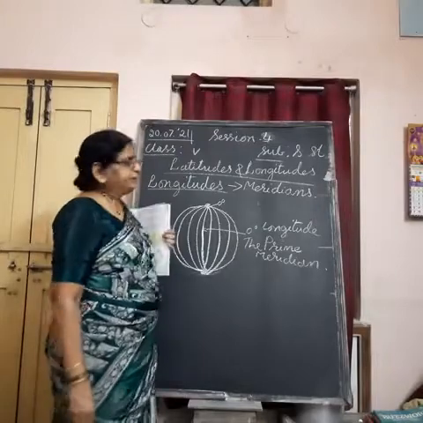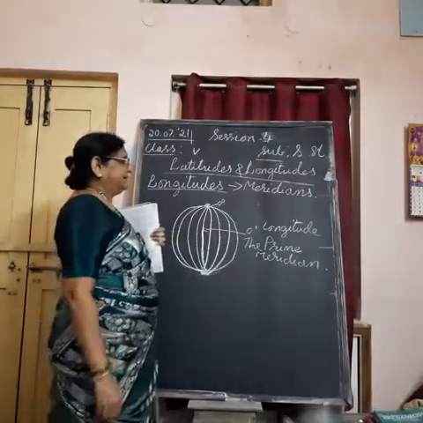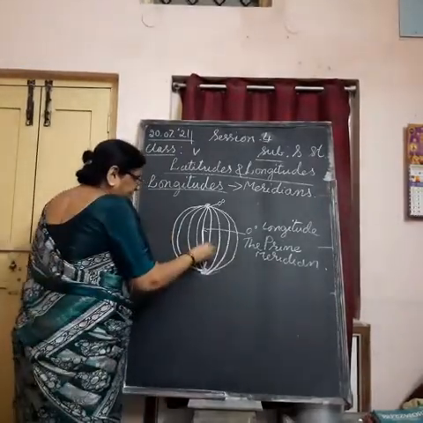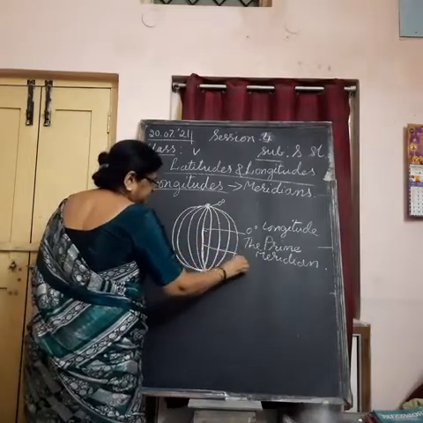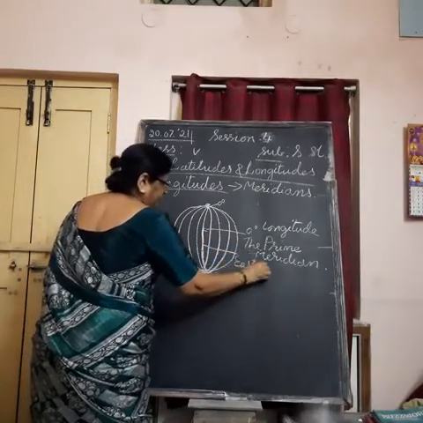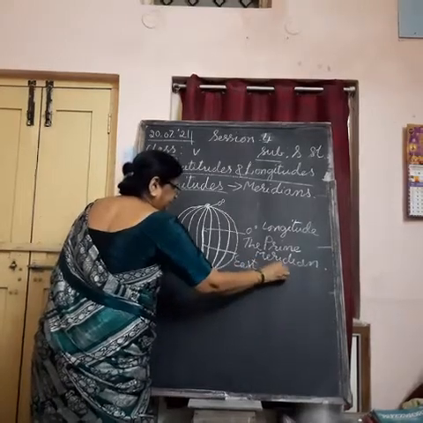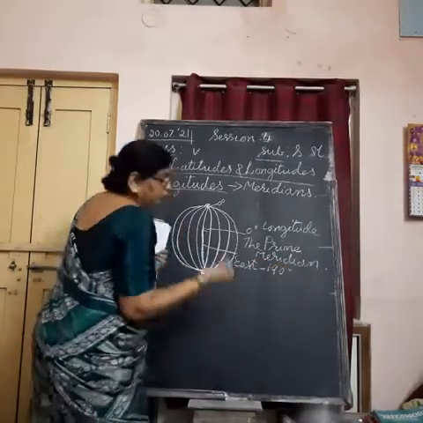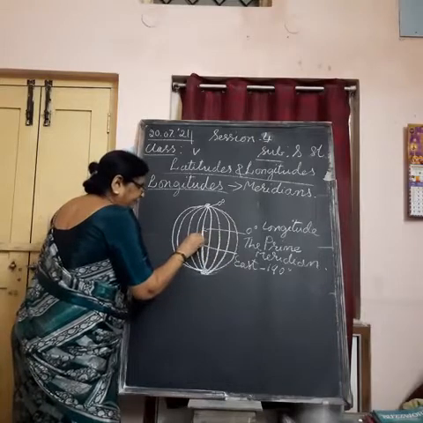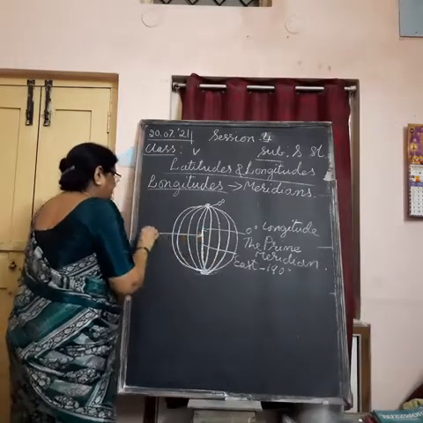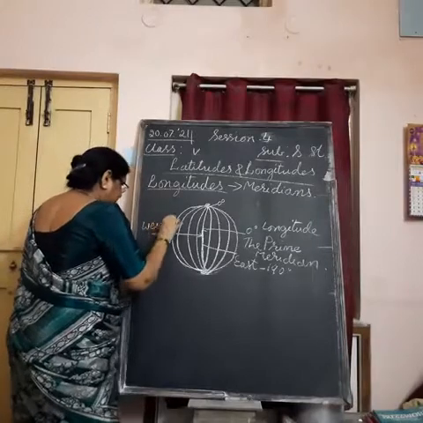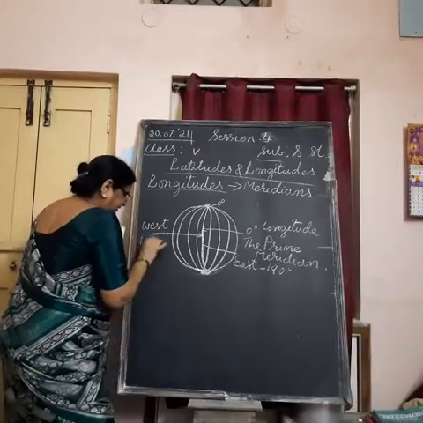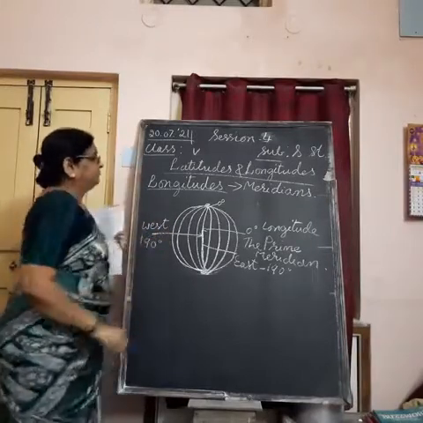It is the most important meridian. Understand? From this 0 degree towards the east, we have 180 degrees of longitudes. And from this 0 degree longitude towards the west, also we have 180 degrees of longitudes.